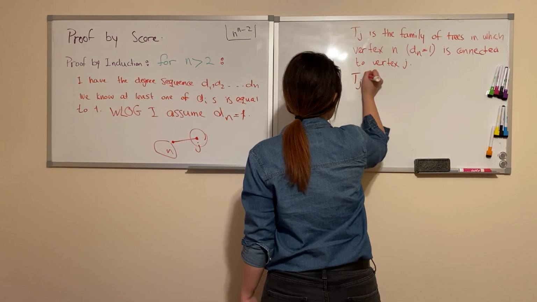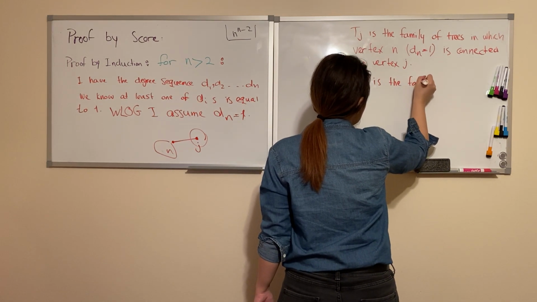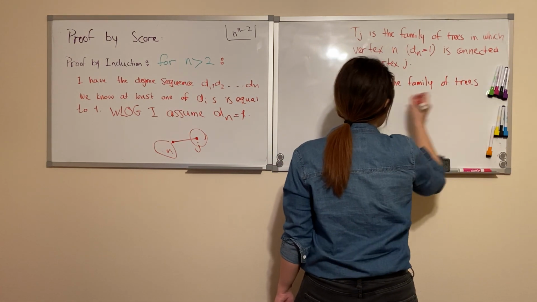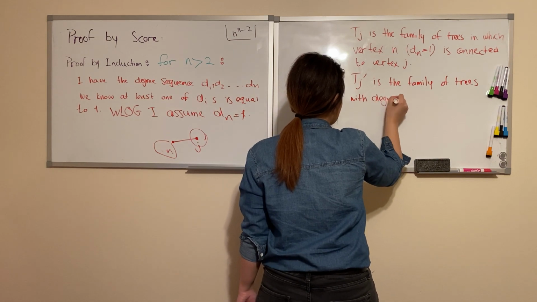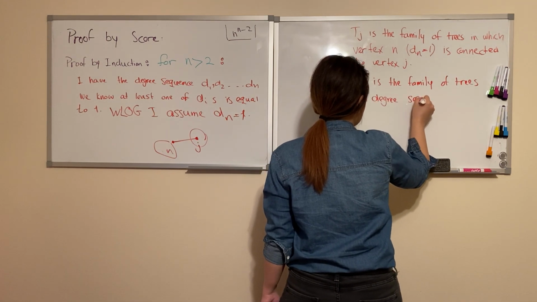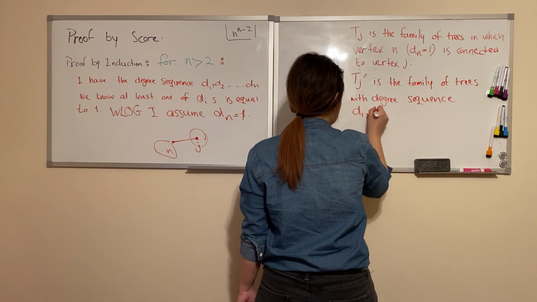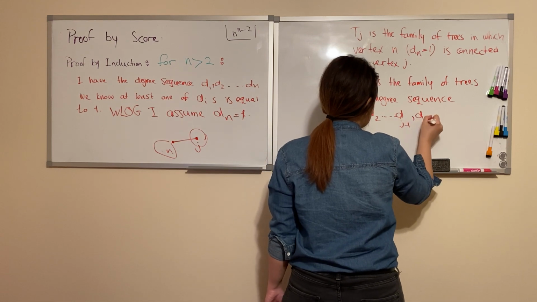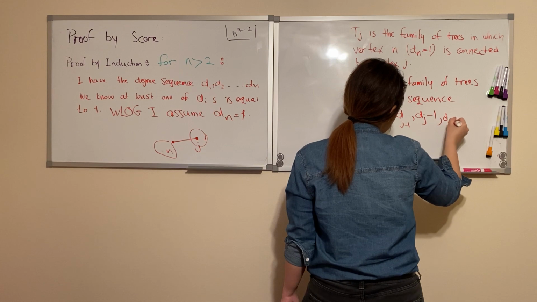So Tj prime is the family of trees with degree sequence d1, d2, dj minus 1, dj plus 1, and so on.